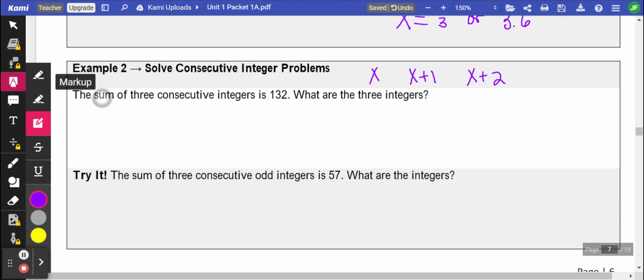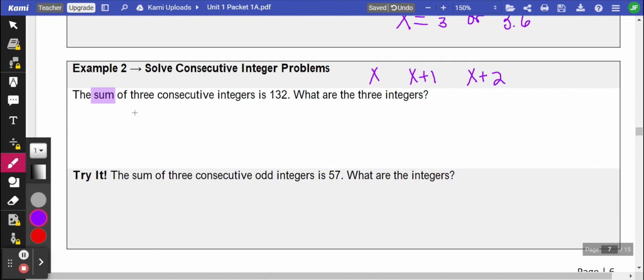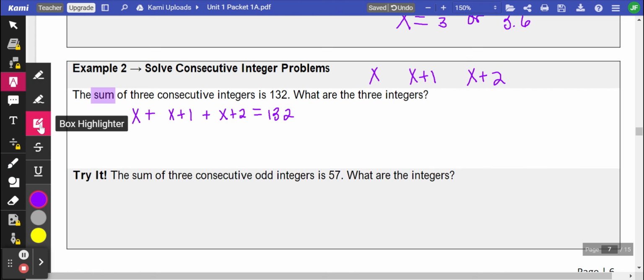Then you need to know that the sum means we're adding. So if I take the first integer, which is x, the second integer, which is x plus 1, and the third integer, which is x plus 2, if we add all three of those numbers together, we get 132. Now, we're just going to combine our like terms here.